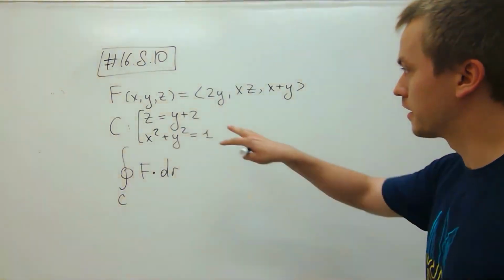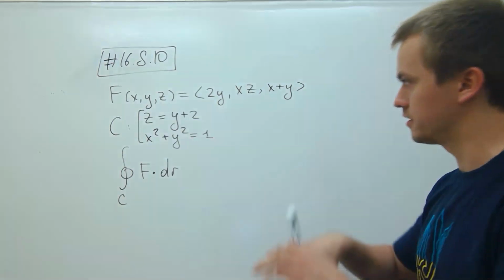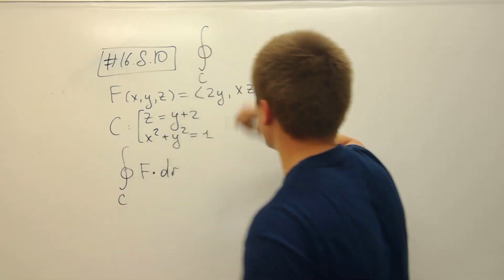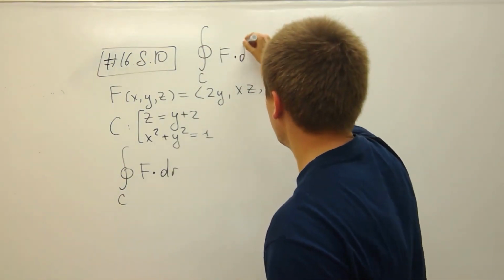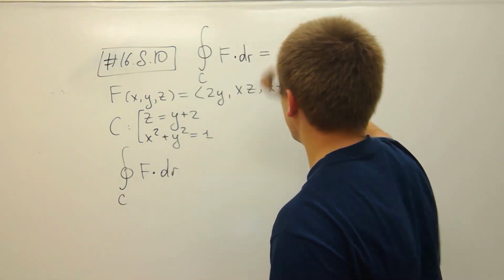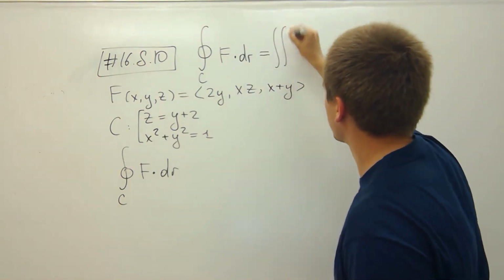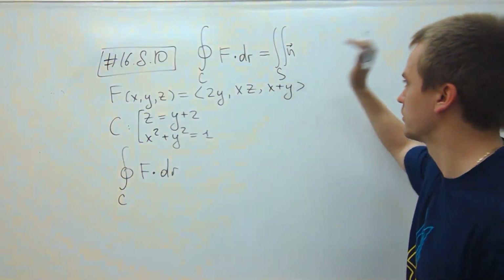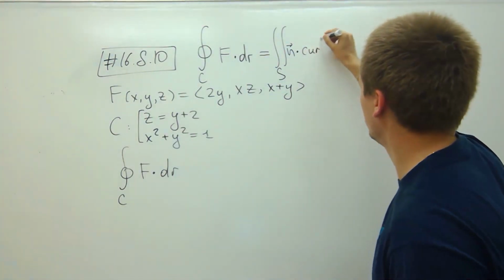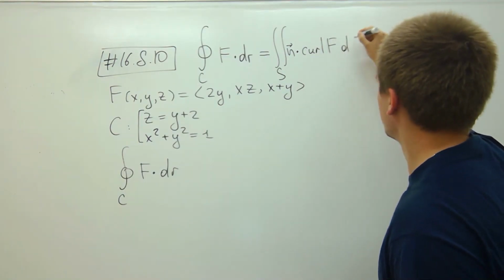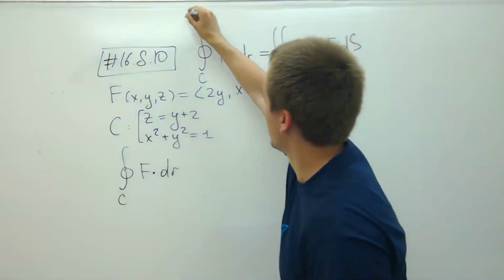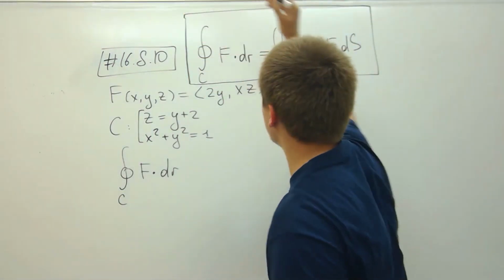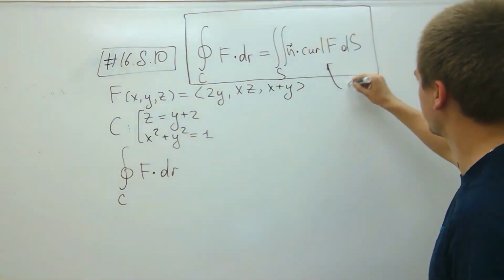This chapter 16 is basically a whole chapter based on the idea that if you have the line integral over some curve C of F dot dr, then this integral is going to be equal to the double integral over S of n, where n is a unit normal vector of your surface S, of curl F dS. This relation between a line integral and a double integral is called Stokes theorem.